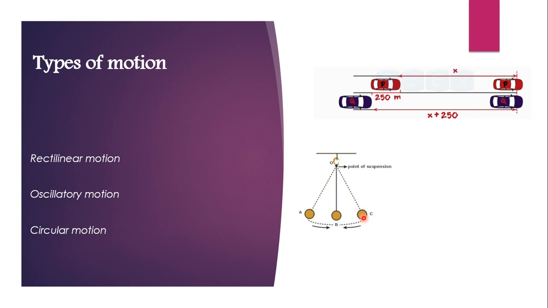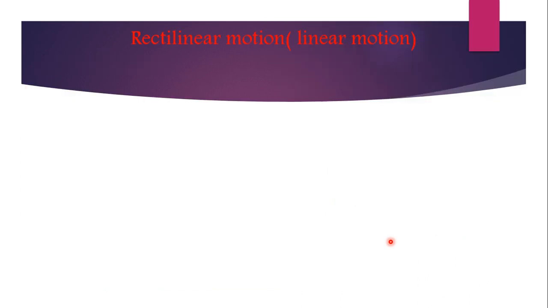The next type of motion is circular motion. As the name suggests, when the object moves on a circular path, such motion is called circular motion. For the sake of this video and for other upcoming videos, we will only focus our discussion on rectilinear motion.